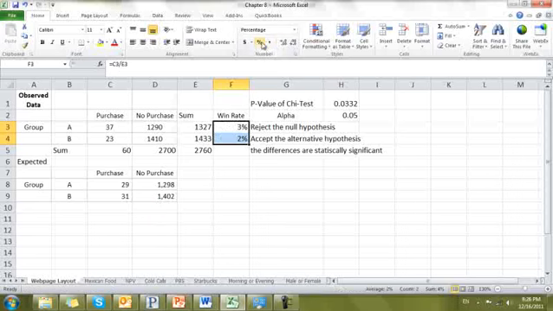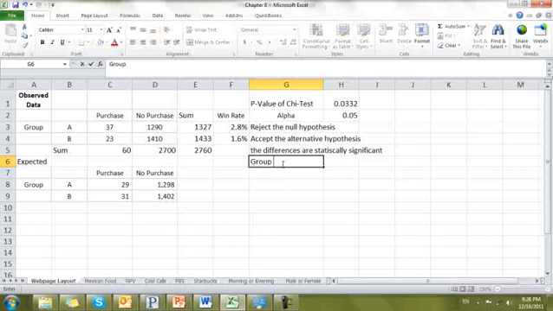I can put that in terms of percentage, add another decimal, and we can say, well, which one wins more? Where do I get more purchases? That's Group A. Excellent. So Group A purchases more often than Group B.